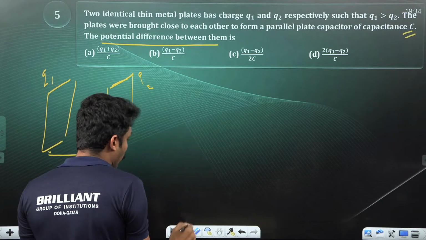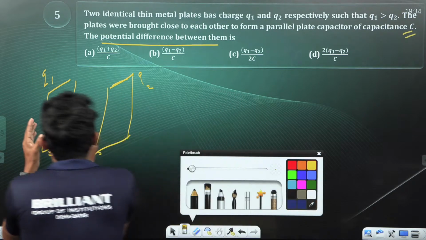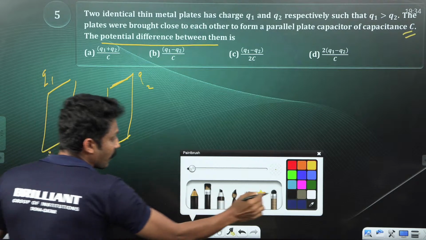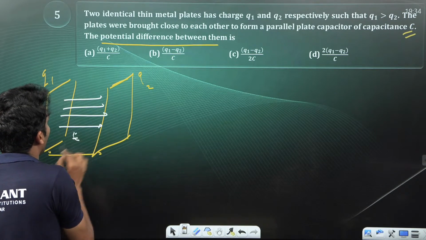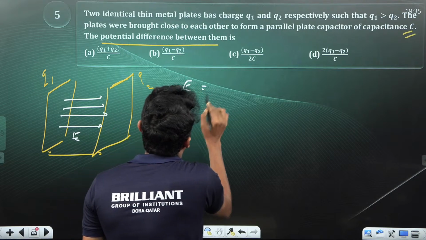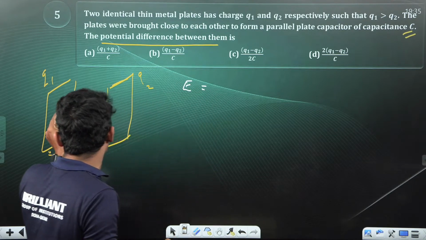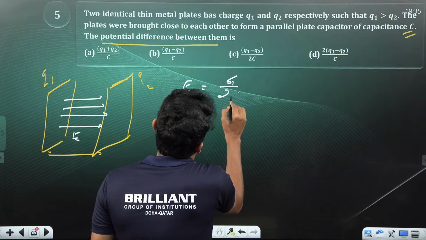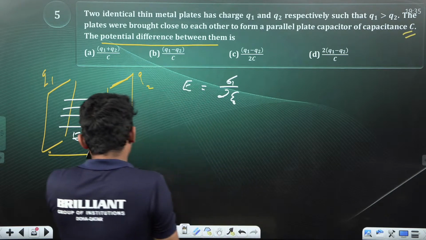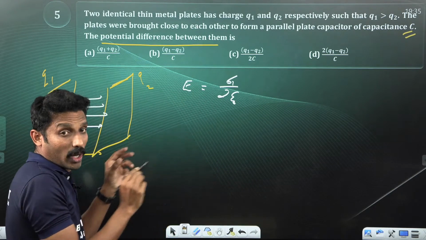Okay, we know there will be an electric field between the plates. And what is the electric field value? The field of this one is sigma 1 divided by 2 epsilon 0, and the electric field of this one is sigma 2 divided by 2 epsilon 0.